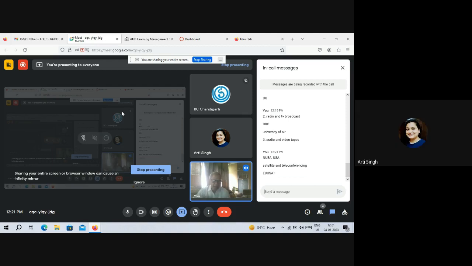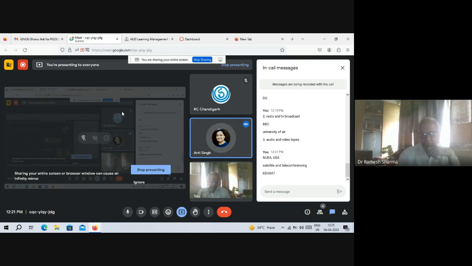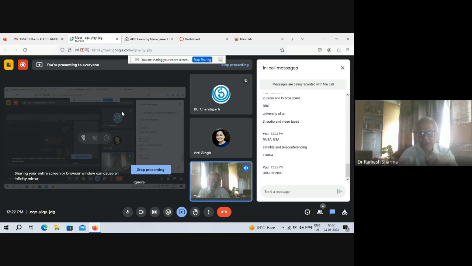IGNOU was given the charge of offering content using EduSat, which was one of the satellites dedicated to educational purposes. It facilitated live lectures and discussion among students and teachers. There are various examples, including UKOU, IGNOU, and many other universities that have very effectively used satellites.